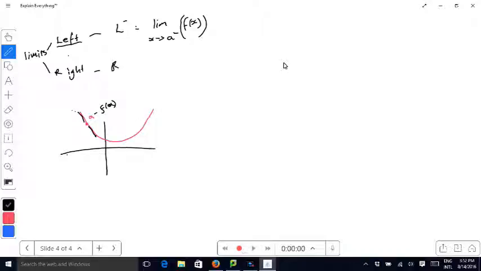And then for the right, we're coming in from the positive numbers, so we're going to have, sorry, that should be an L. Our limit from the positive numbers, meaning from the right. And same thing, except now we're going to have a little plus above it for the limit for f of x.